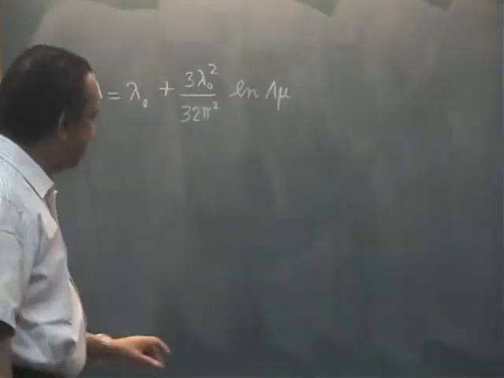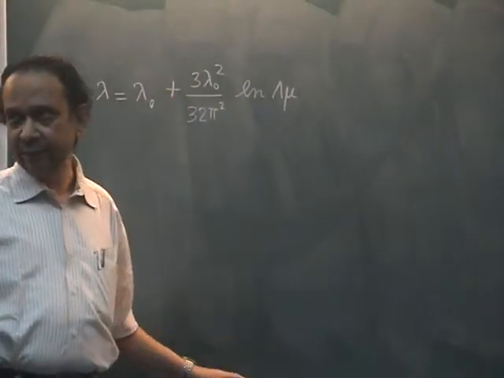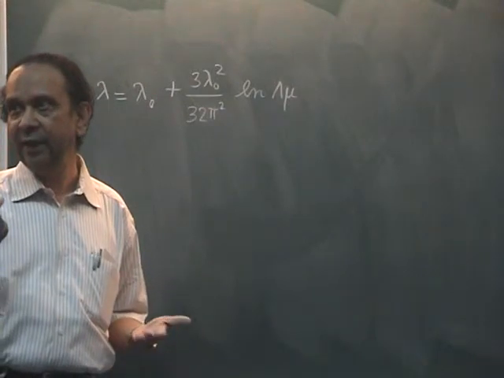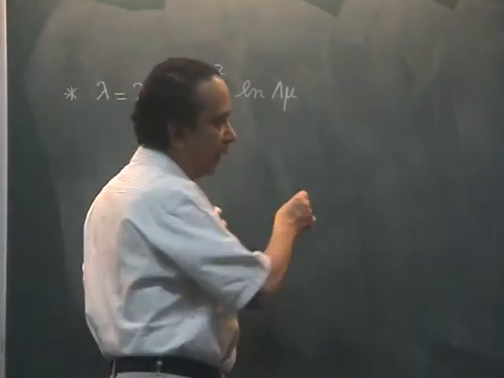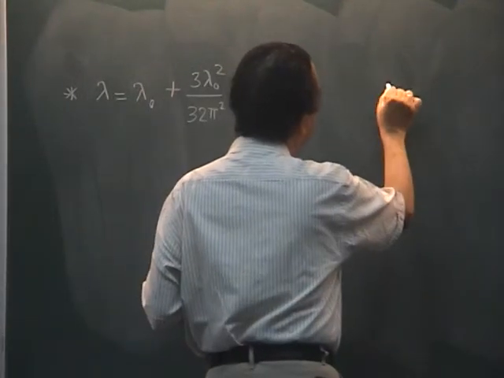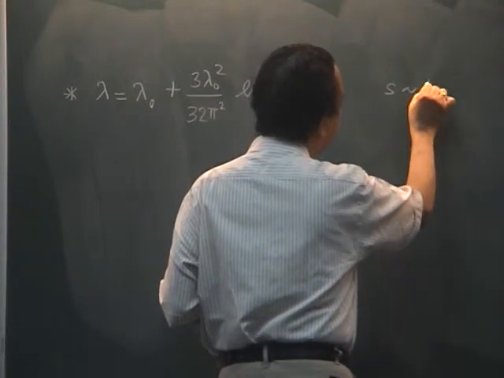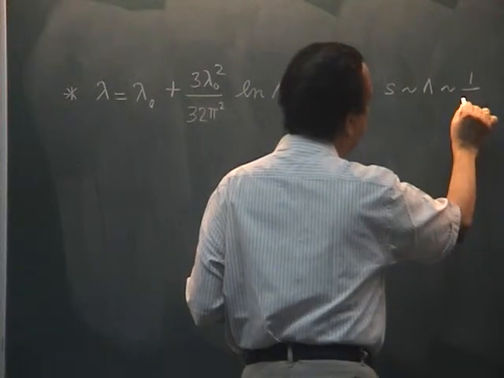Now let us bring this in terms of energy scale. Lambda naught we said as S times p square, so S is like lambda, and we said that it is E infinity to the minus 2. What I said was, this is important, the dimension of S is same as the dimension of lambda, and the dimension of that is 1 upon energy square.